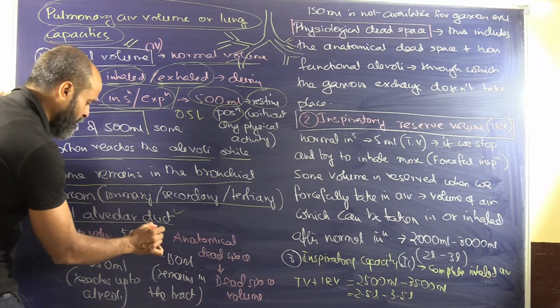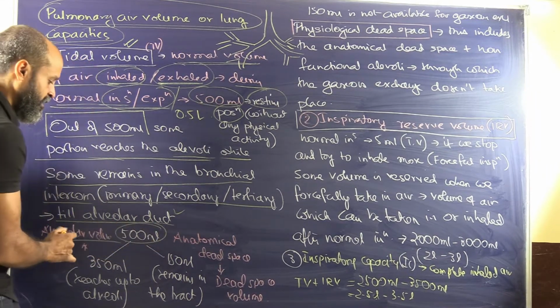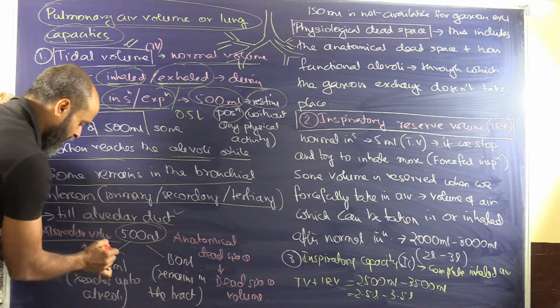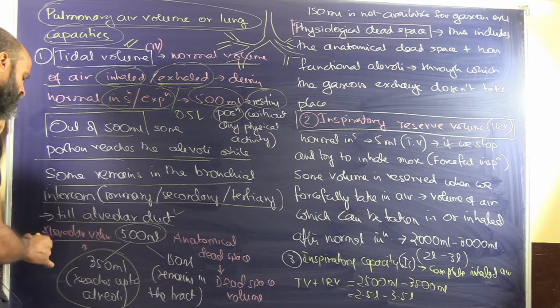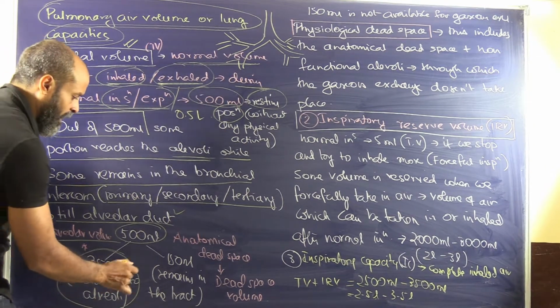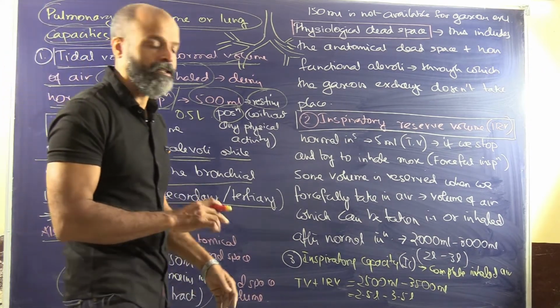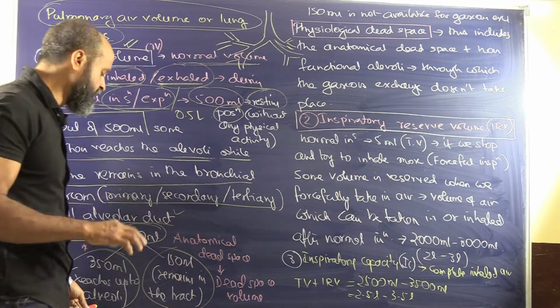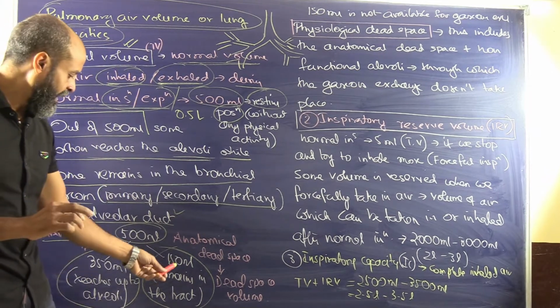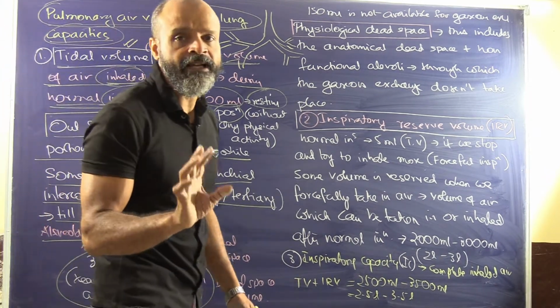So the inspired volume is basically 500 milliliters, out of which 350 milliliters reaches the alveoli and 150 milliliters remains in the tract.